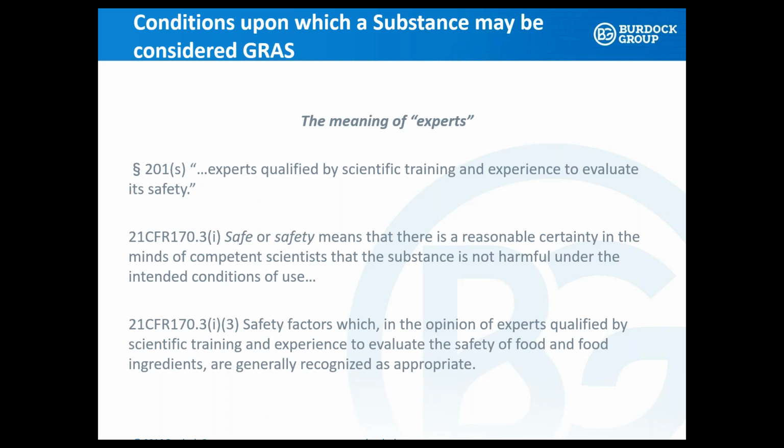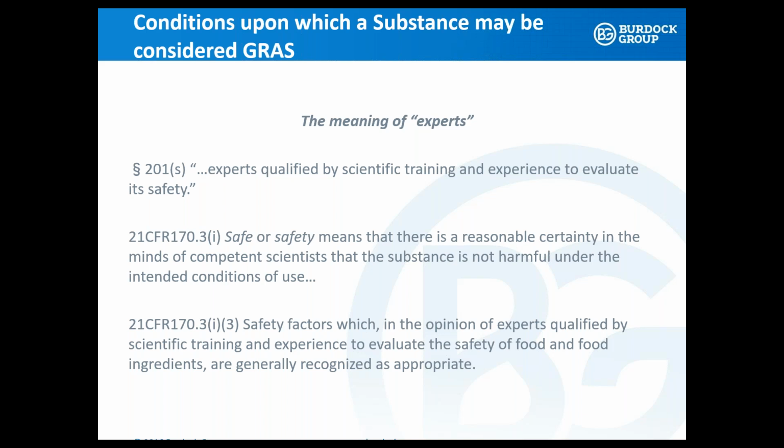So a couple other things when it comes to experts. Safety means that there is reasonable certainty in the minds of competent scientists that the substance is not harmful under the intended conditions of use. So once again, it's reasonable certainty in the minds of competent scientists. Competent is, I guess, up to interpretation of many people.